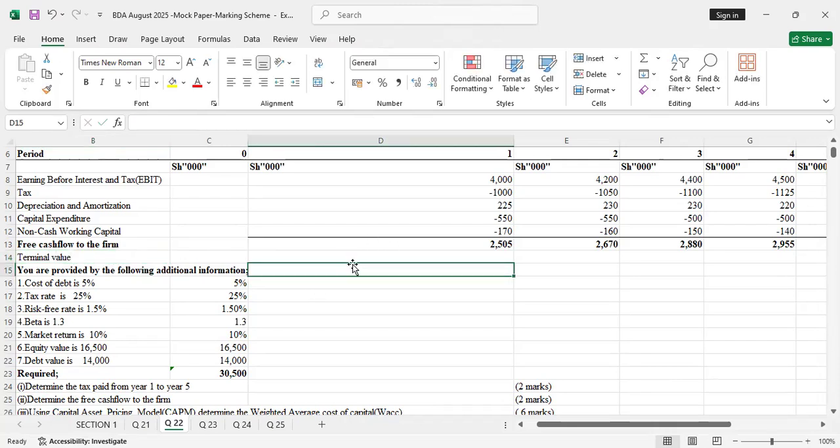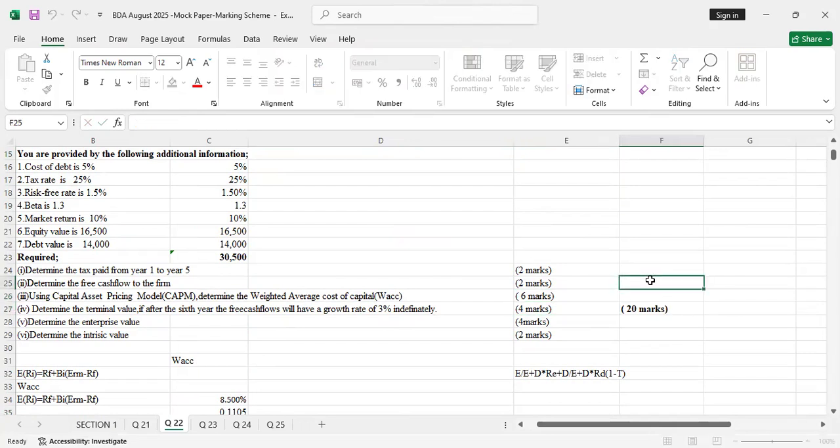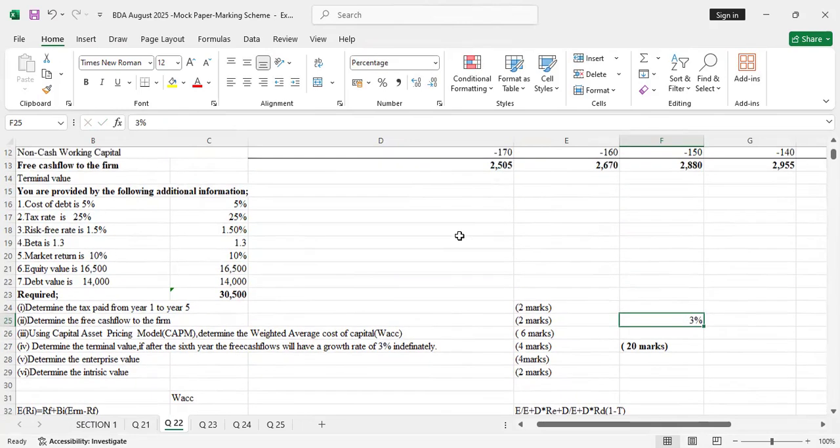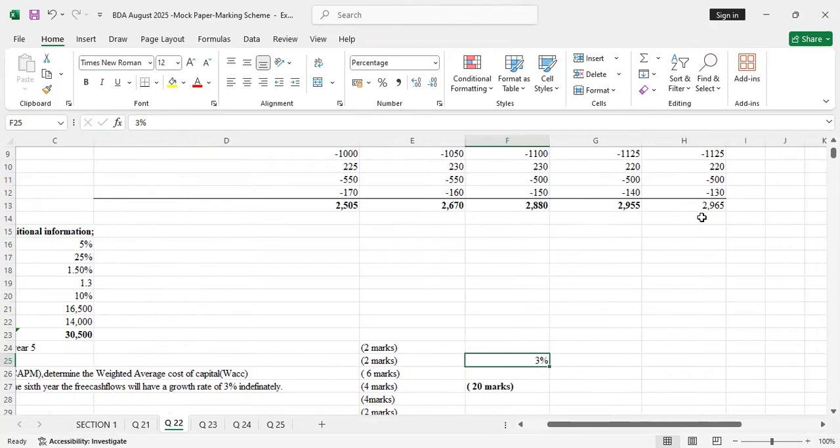And they've said that it will grow 3% indefinitely. So I'll put that 3% here, somewhere where I can select it. So terminal value, you calculate it here.